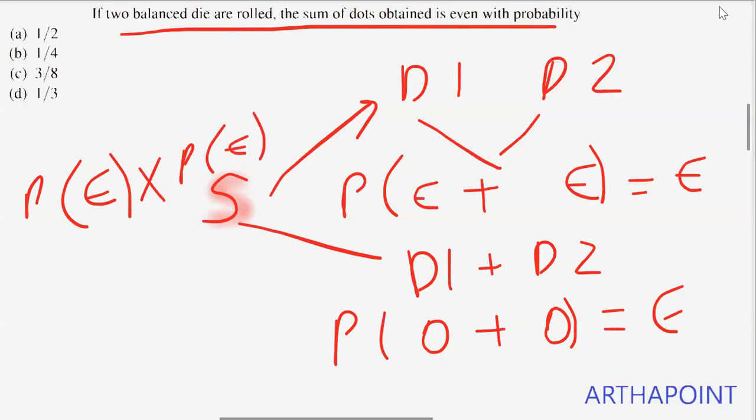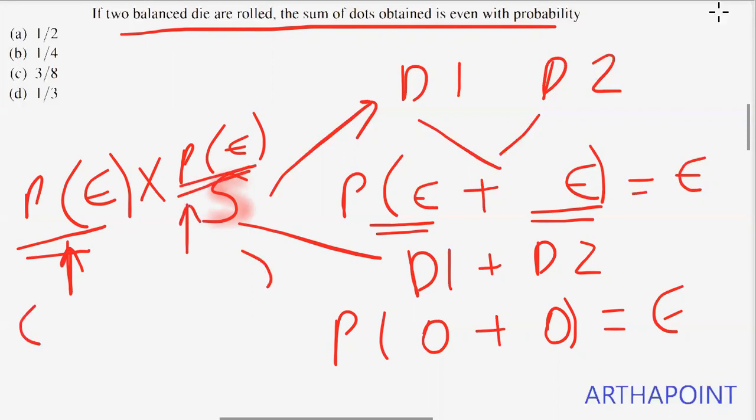So I want even in the first die and even in the second die also. These are two independent evens, so I just multiply the probability of getting even in the first die and the probability of getting even in the second die, because I just have to multiply their probabilities independently with each other.